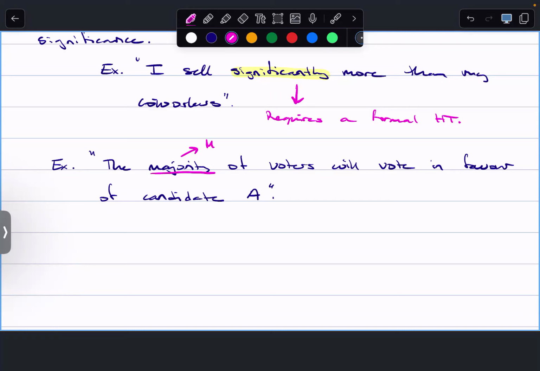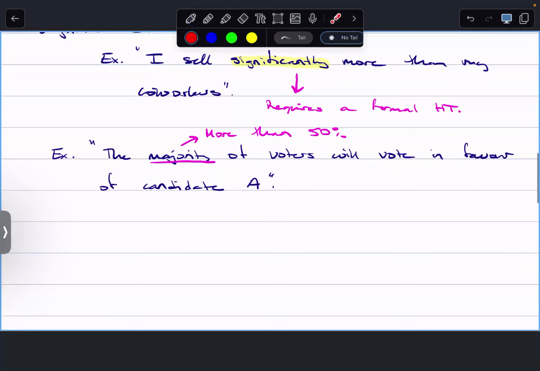So here we're going to say more than 50%, but not including 50. So voting in favor of candidate A, they either vote in favor or they don't.